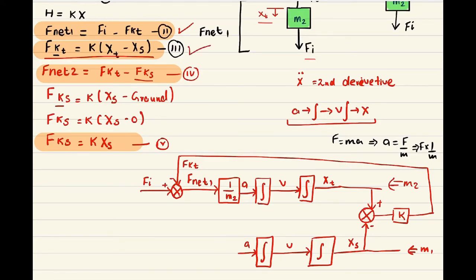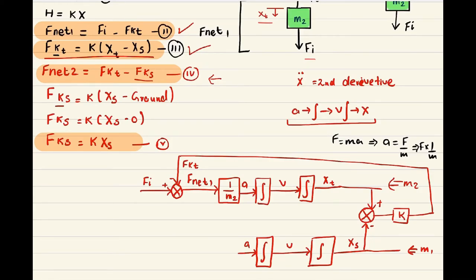Now let's jump on Fnet2, which is our equation number 4, and let's prove this one. As we know, to prove this one, we are having Fkt minus Fks. So definitely for Fnet2 we are having the summation of two forces as well.